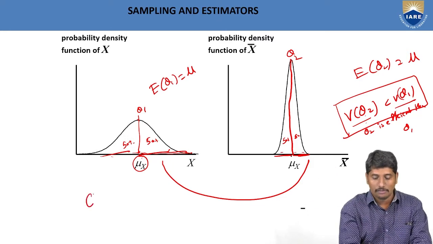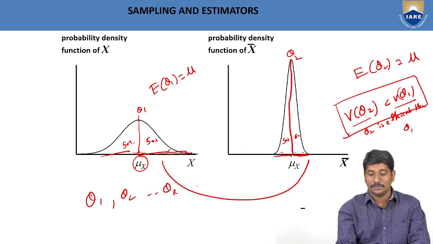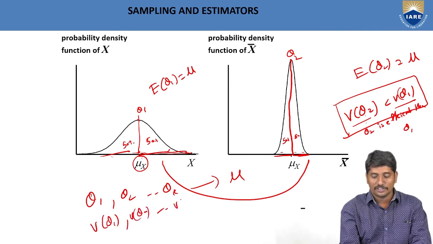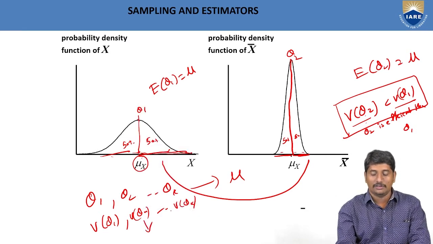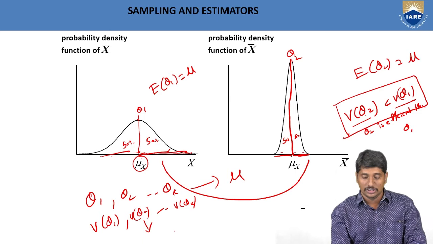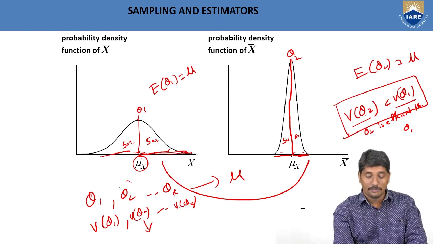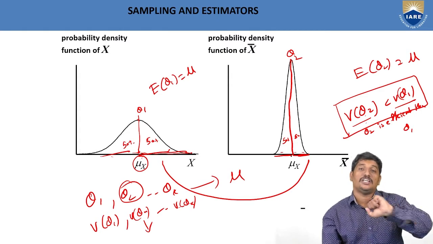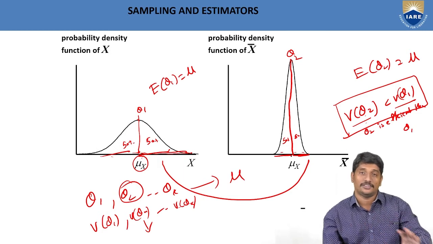If we have theta 1, theta 2, and so on up to theta k, which are unbiased estimators of mu, we calculate variance of theta 1, variance of theta 2, and so on, variance of theta k, and pick the one with the least variance. The corresponding estimator becomes the efficient estimator. So variance plays an important role in deciding efficiency among unbiased estimators.